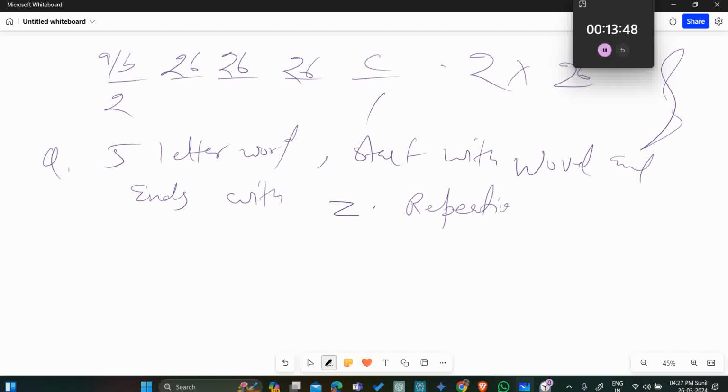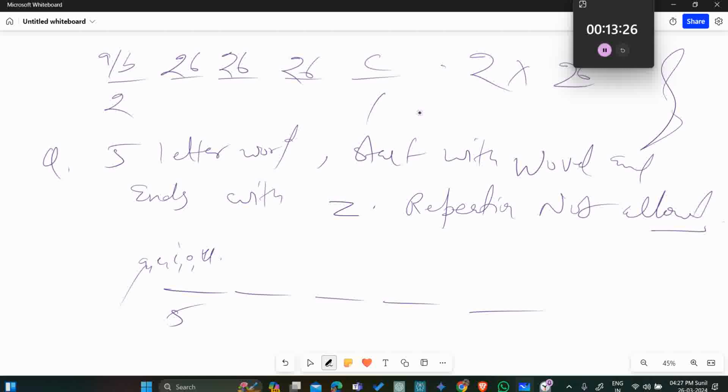Repetition not allowed. So what we can do is 1, 2, 3, 4, 5. For 5-letter words that start with a vowel, there are 5 possible ways: A, E, I, O, and U. One of them will be chosen, and the remaining letters are 25.